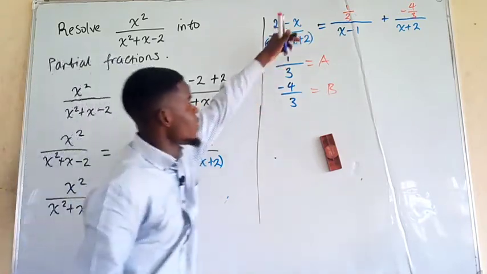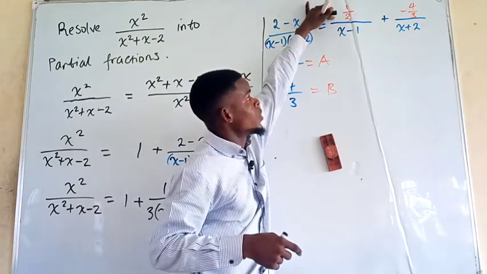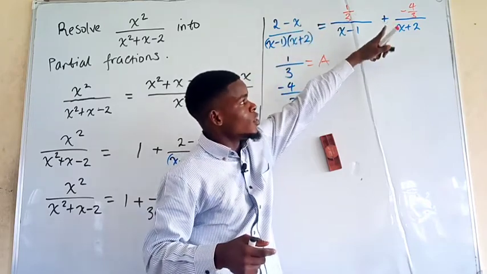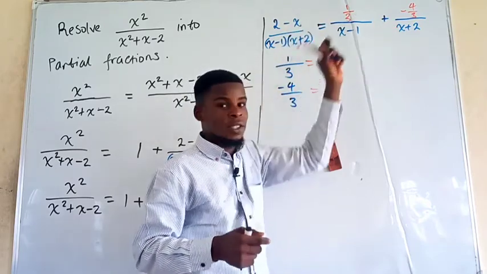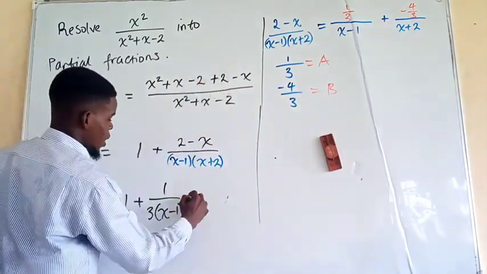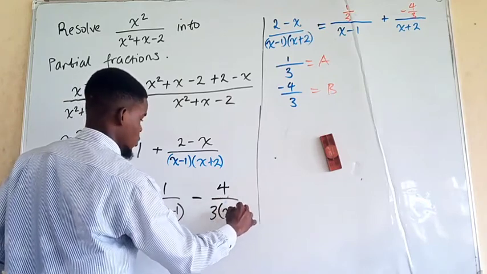So we are having division of fractions. This 3, which is the denominator of the numerator, will come down to the denominator after simplification. Then we will have negative 4 over 3 times x plus 2.